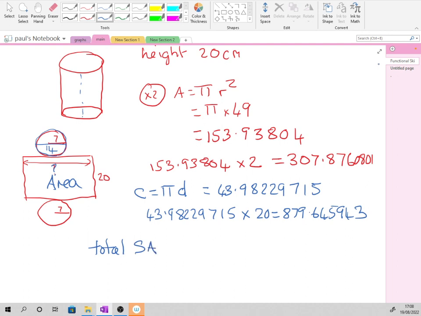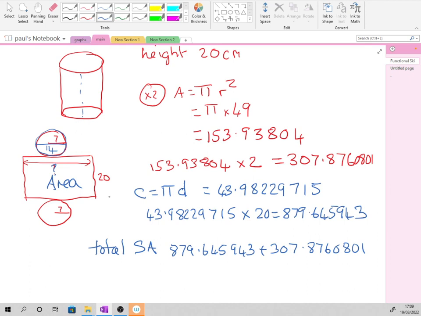So it's going to be 879.645943 plus 307.8760801. So many numbers. I'm going to round it to 2 decimal places in a minute. So remember, we've got the 879 that's already in the calculator. So all I have to do is plus 307.8760801.